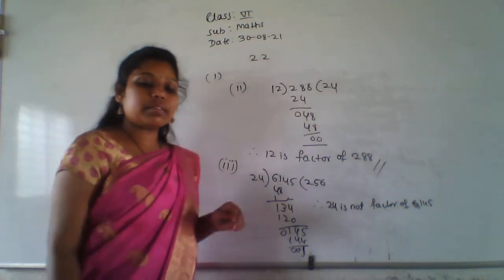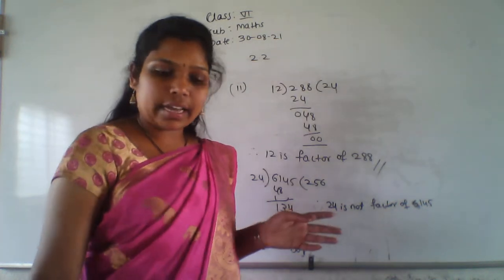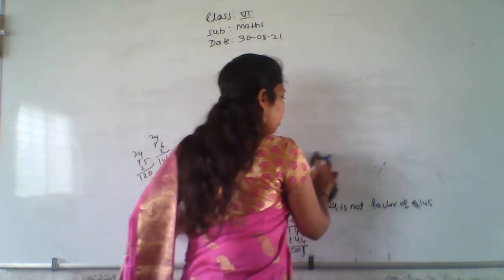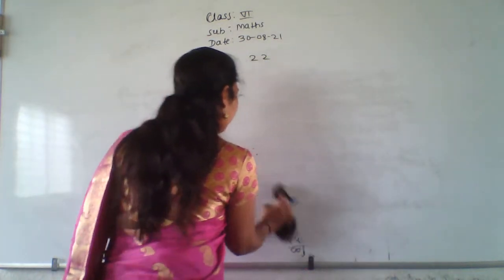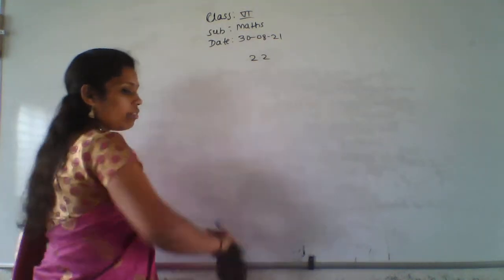Which of these numbers is a factor of 91? Same thing again. Divide 91 by all the numbers. If the remainder is 0, then it is a factor, otherwise it is not a factor.